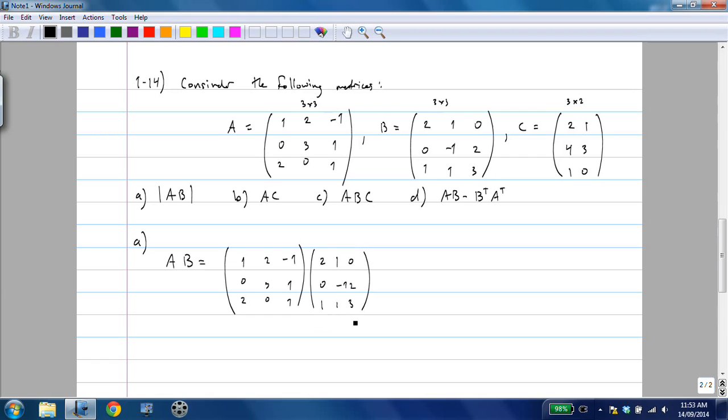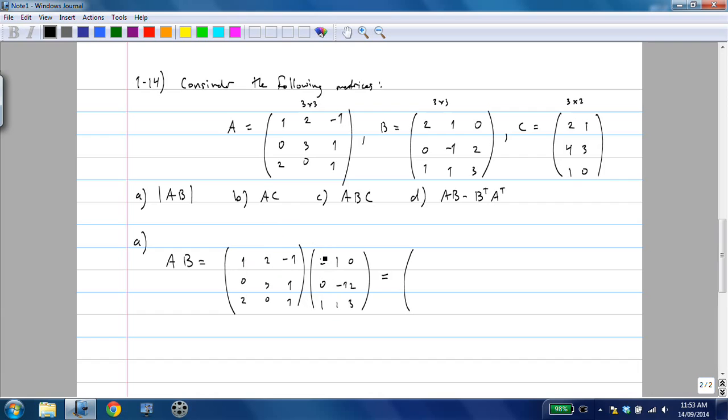Okay, so since we have a 3 by 3 matrix here and a 3 by 3 matrix here, we're expecting that we're going to get also a 3 by 3 matrix. And the way we do matrix multiplication is we'll select this row here and multiply by this column here and do the dot product.